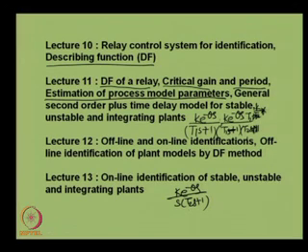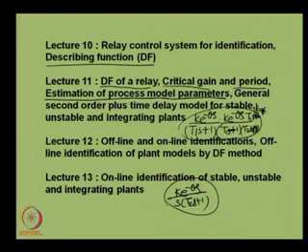So, all these transfer function models can be realized from the basic second order plus time delay model. That is why it is known as the general second order plus time delay model for different types of plants.